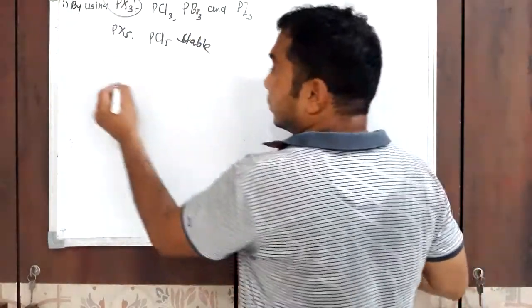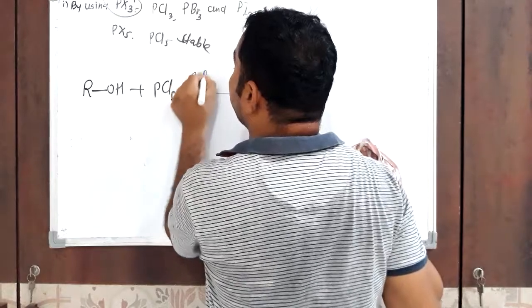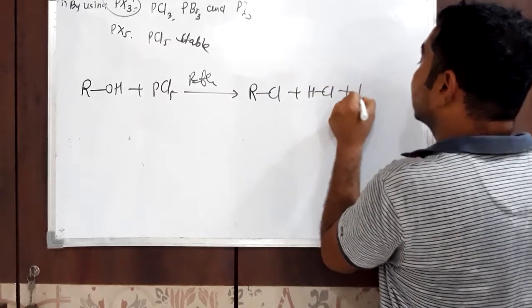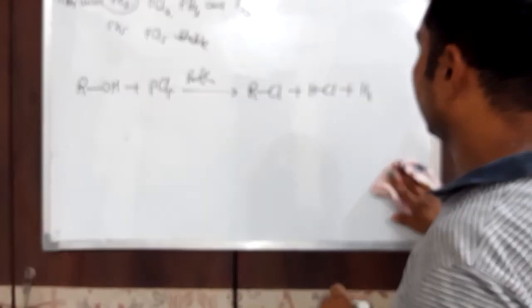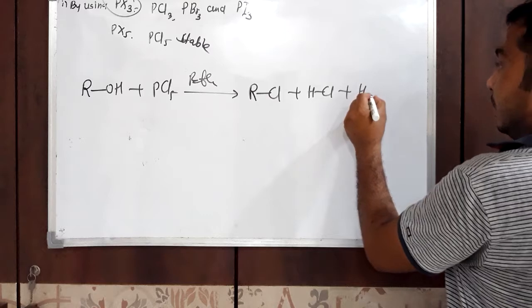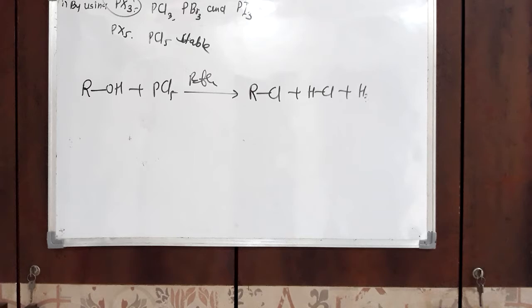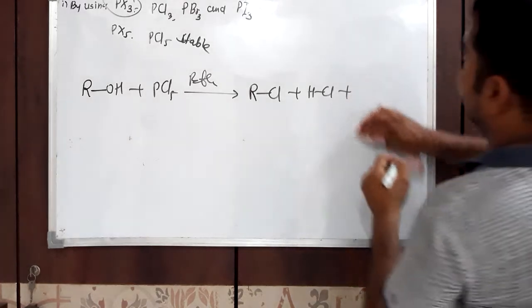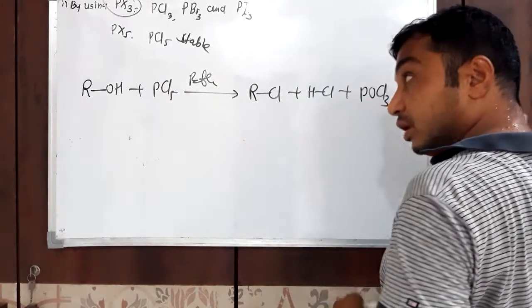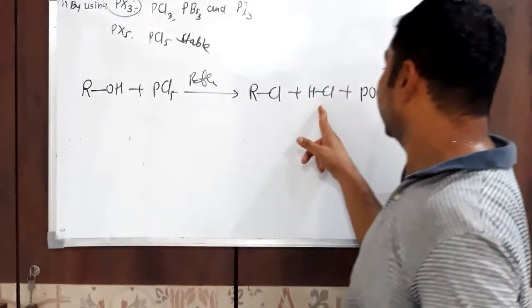Take alcohol and reflux it with PCl5. You will get alkyl chloride plus hydrochloric acid plus the side product POCl3.